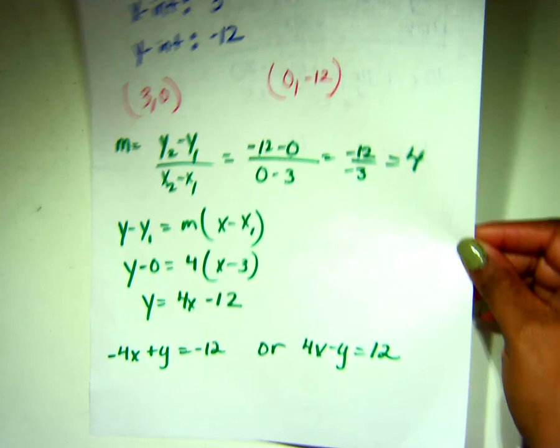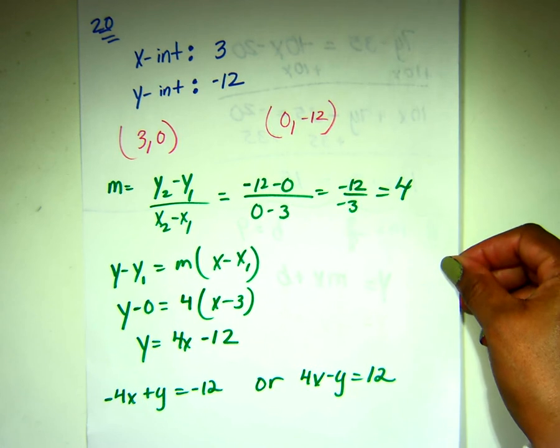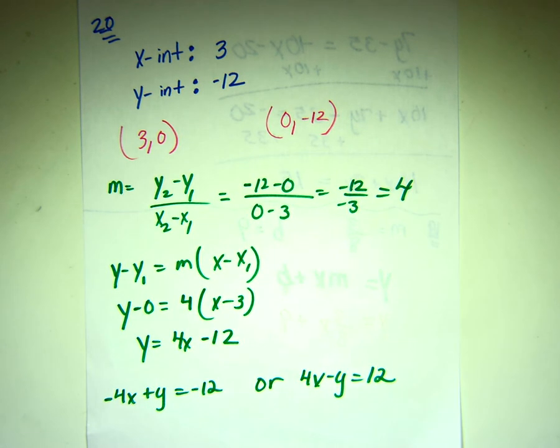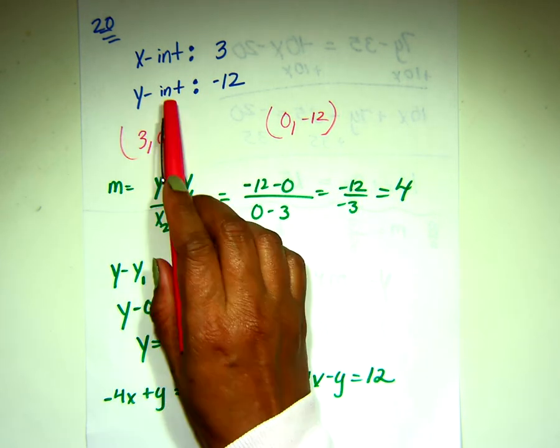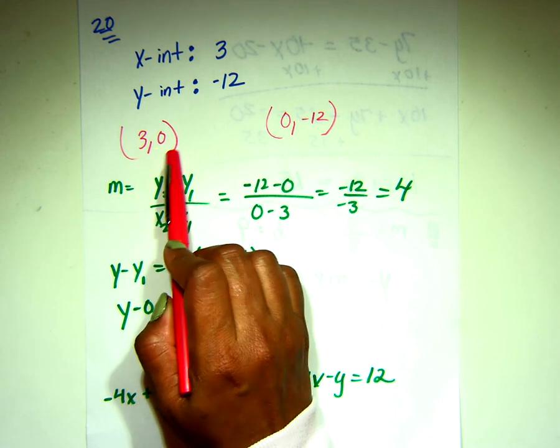Now here we go with a doozy. This problem is written out as a word problem. It says write the equation of a line that contains the x-intercept of 3 and y-intercept of -12. What I went back and did was rewrite them as points. So x-intercept is 3, meaning y is 0.